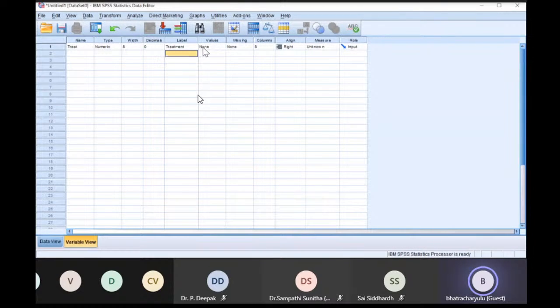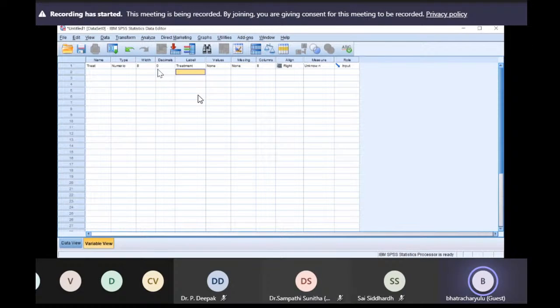Next, replication second. Go to the name. The second variable that you create is replication. Here also you give the decimal value as 0, and you write replication.